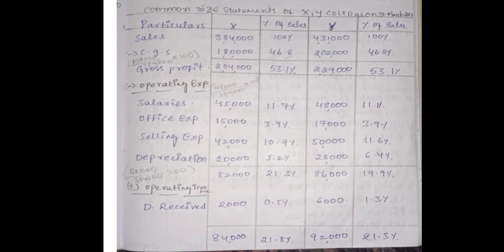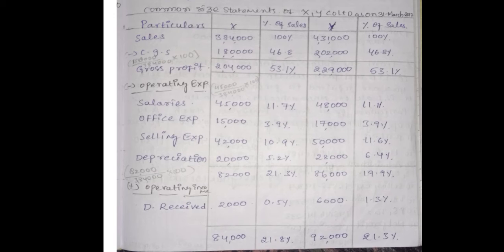So 2,04,000 minus 45,000 minus 15,000 minus 42,000 minus 20,000, then we get 82,000 as the total operating expenses amount.